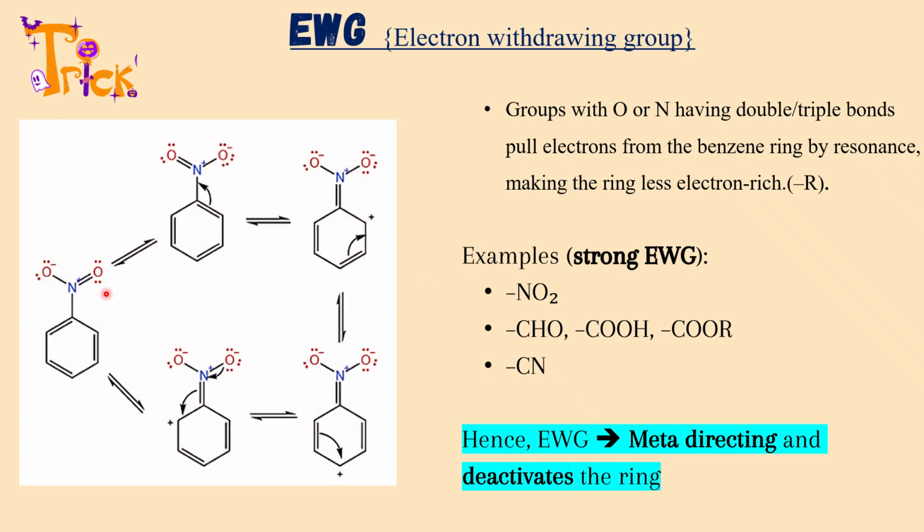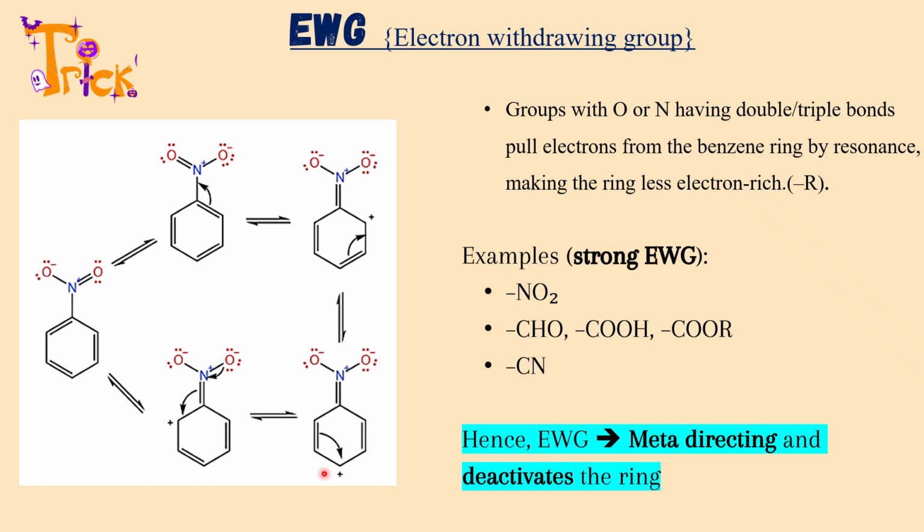So if we take an example, as you can see over here, I have nitrogen with a pi bond system. So in this case, what will happen? It will pull the electrons towards itself and results in the positive charge at ortho position. If we do the similar way for the para position, you can see that again we have a positive charge at ortho and para position.